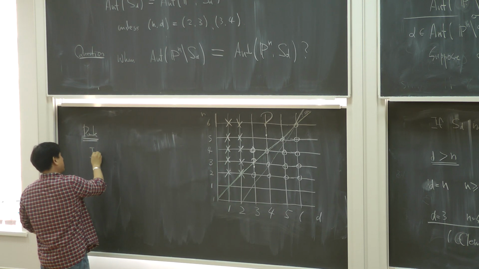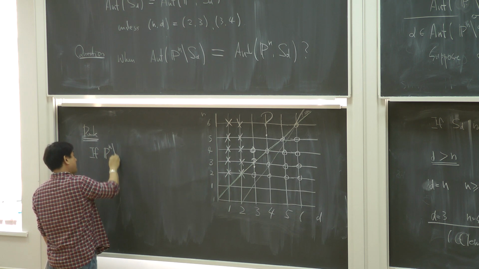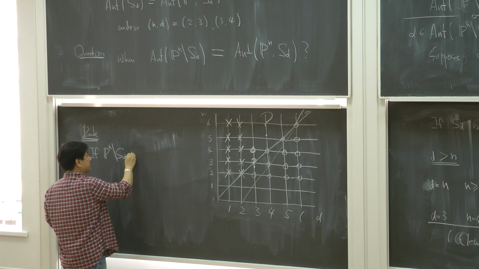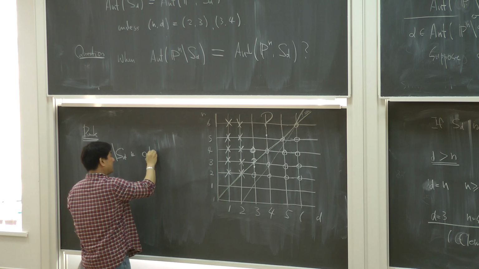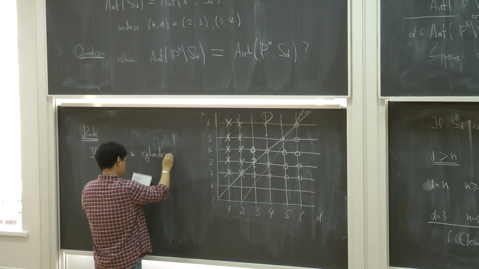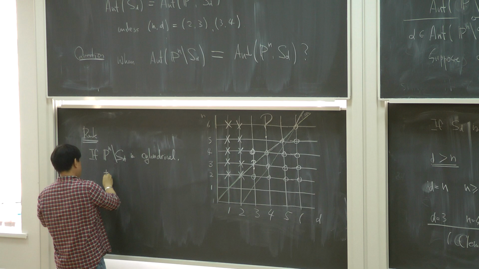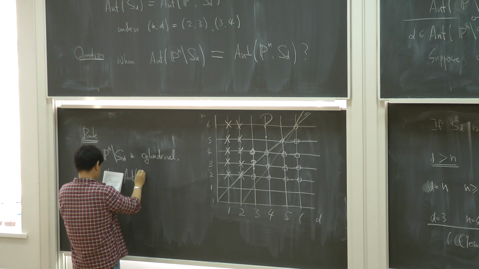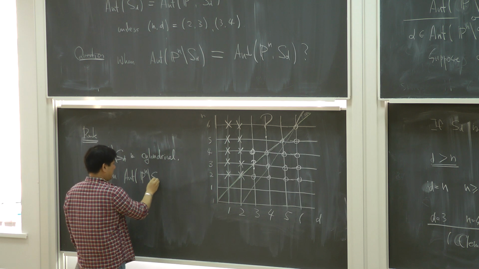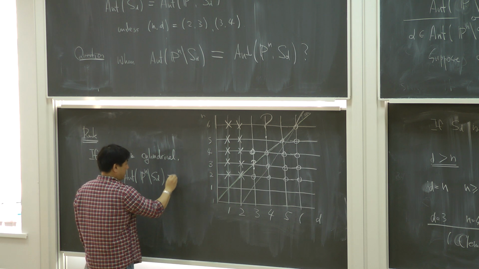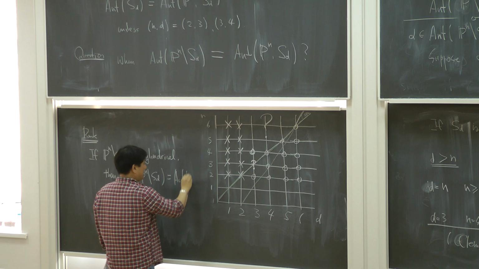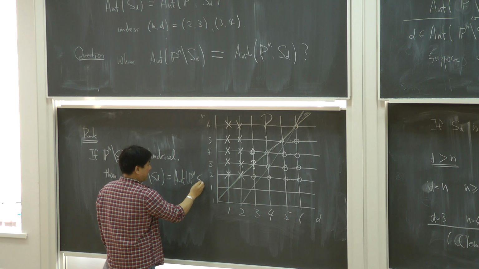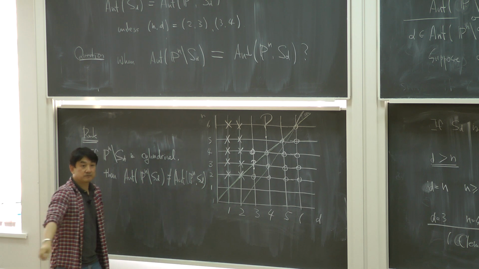If Pn minus Sd is cylindrical, then the automorphism group of the complement and the automorphism group of Pn and Sd are different, right?